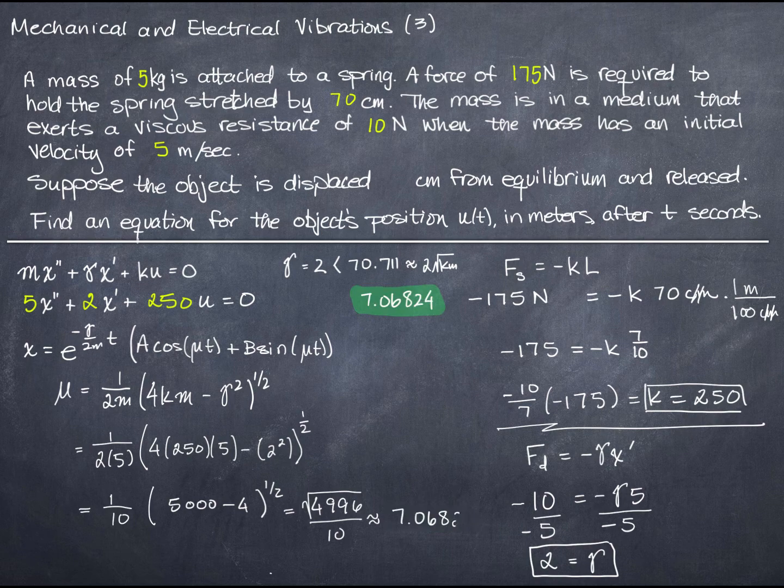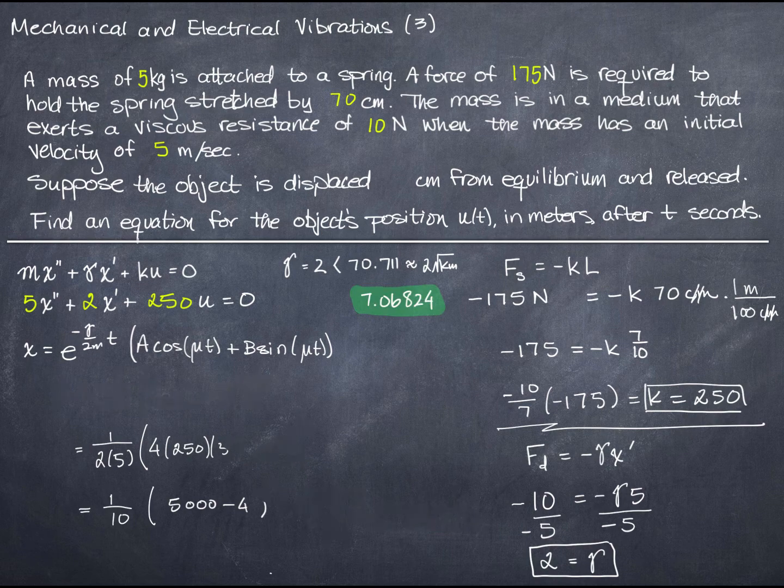I've moved that value to where I can access it pretty easily. I'll get rid of all of this, and then I'll just recopy the answer that I have here, except that I'm going to replace gamma with 2 and m with 5. So that's going to be 2 over 2. The pencil has stopped working. 2 over 2, so those will cancel, and then I just have 1 over 5.